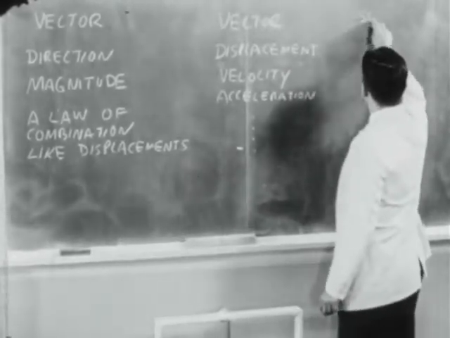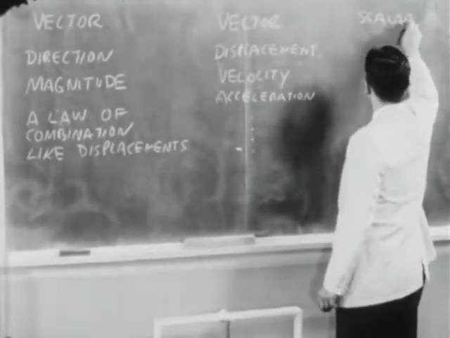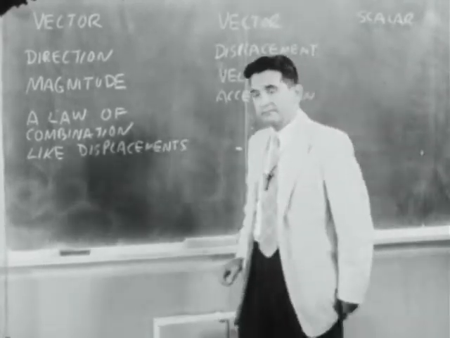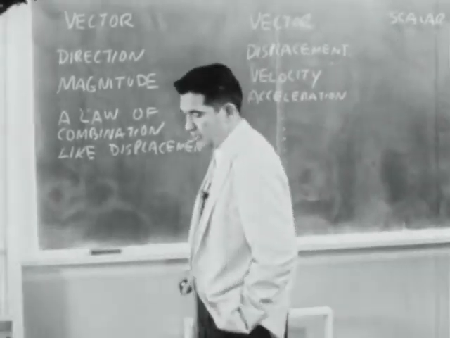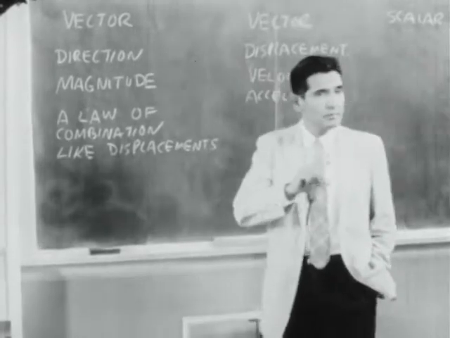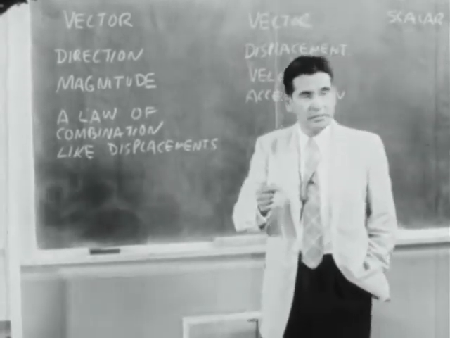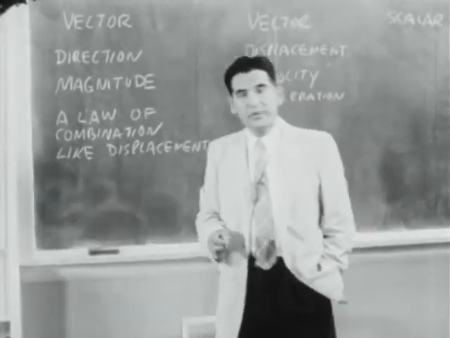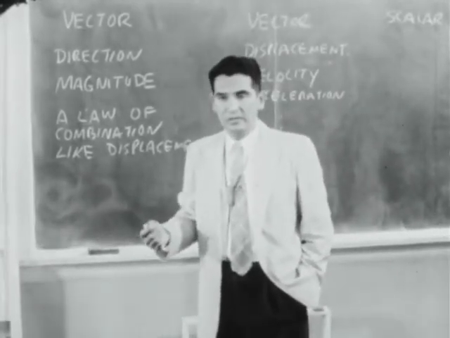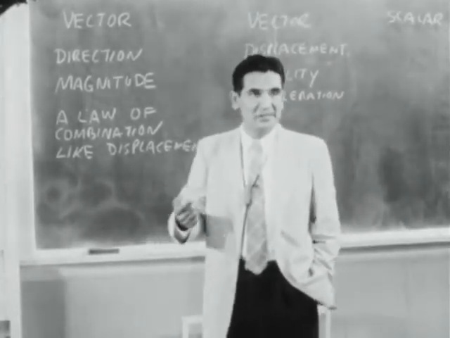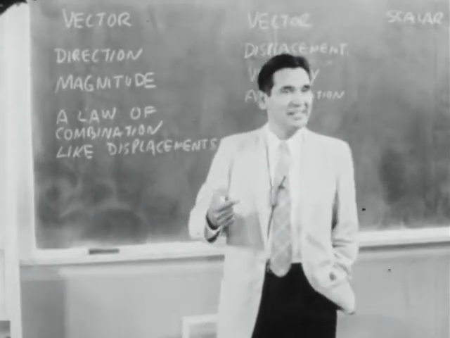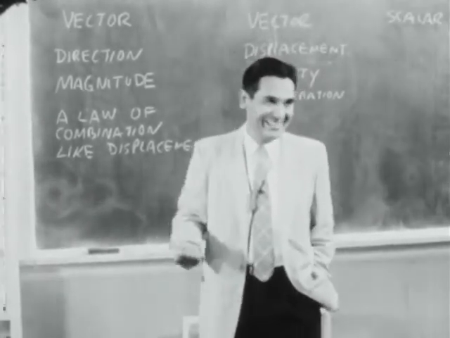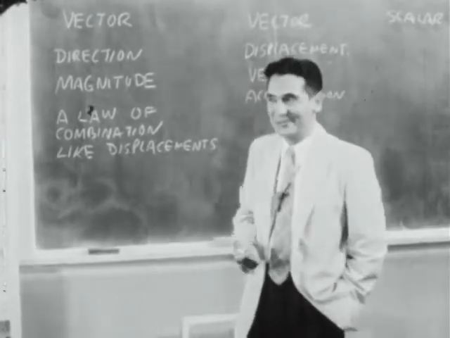Now I will put here a word. Scalar is a word that has to do with things that have only magnitude but not direction. Now, it is said that someone was delighted and surprised to find that he had been speaking prose all his life. He had never heard the word prose. Well, you may be delighted and surprised to know that you've been using scalars all your life, and perhaps you haven't called them that.